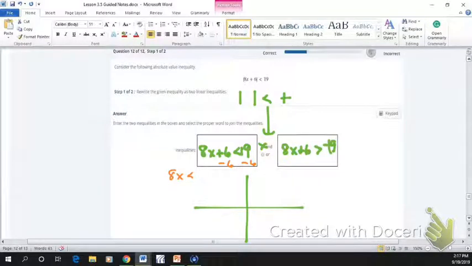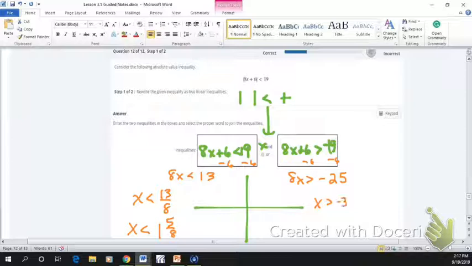So on this one, 19 minus 6 is 13. And 13 divided by 8 is about 1 and 5/8. And then over here, 8x is greater than negative 25, because I subtract 6 from both sides. And then x will be greater than negative 25 over 8, which is 3 and 1/8. So that's where I expect my intercepts to be.